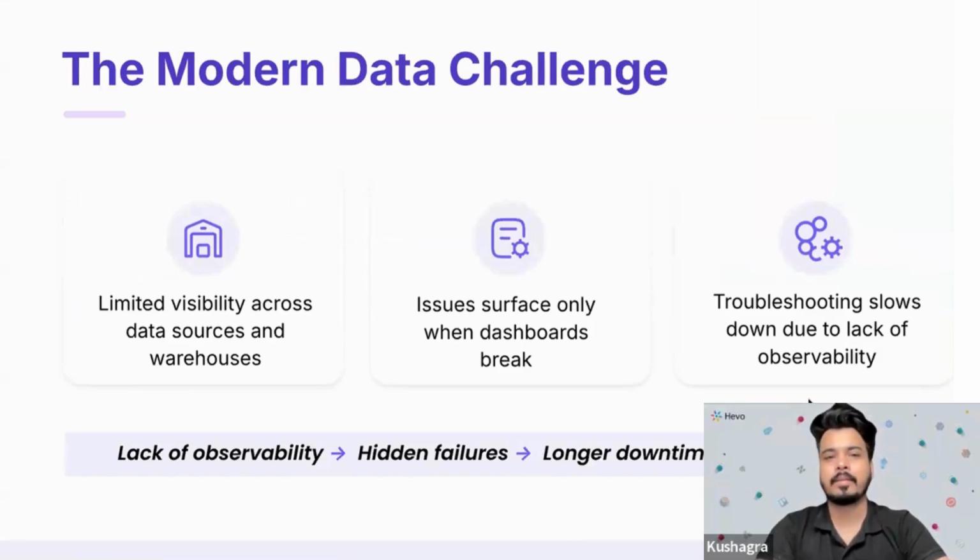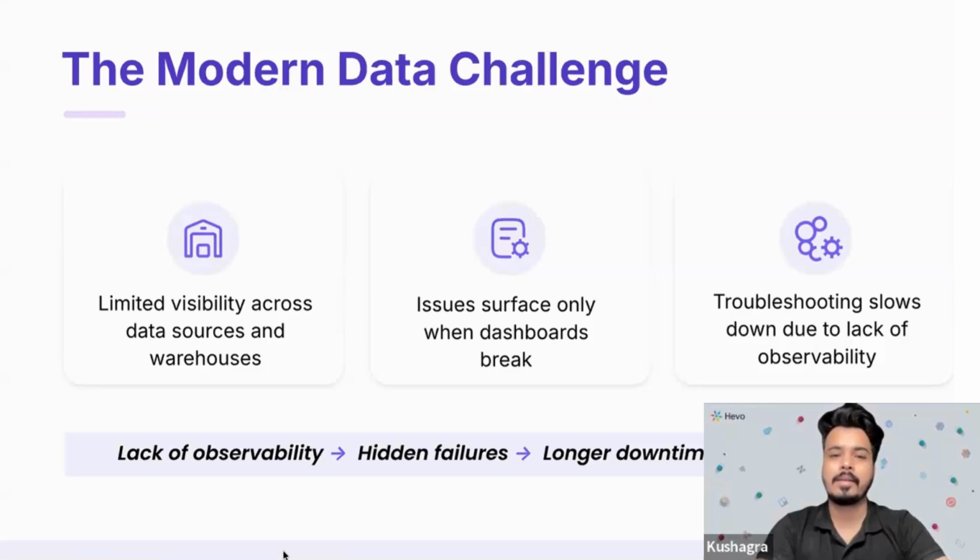Across most data teams today, because of this increase in the number of requirements, there's very limited visibility into what's happening inside your pipelines and your warehouses. Because of this, issues often surface only when a dashboard breaks or when a stakeholder notices something off. And by that point, decisions have already been impacted. Troubleshooting becomes slow because failures stay hidden until they cause real damage, leading to longer downtime and wasted budget. These challenges are universal, regardless of the tools or the scale of your organization.